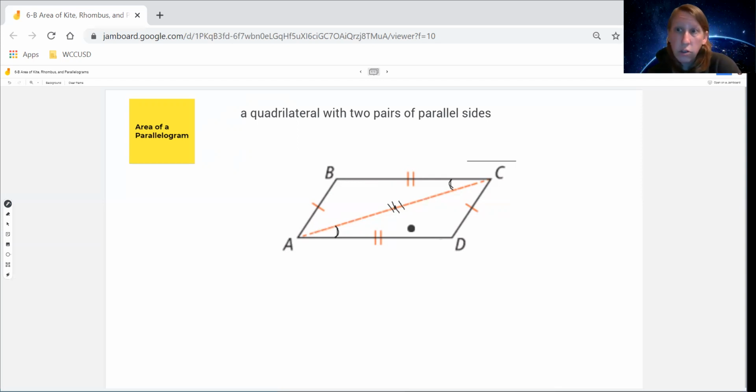Corresponding parts of congruent triangles are congruent. Now, what's a parallelogram? It has to have parallel sides, right? So, do you see what I'm about to do here? Whoa, that's really crooked. There's a line.